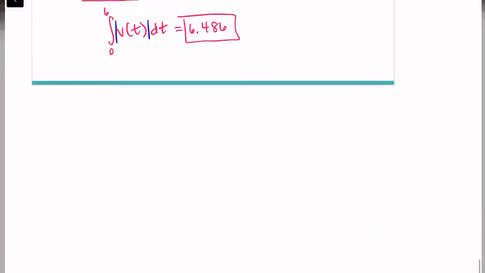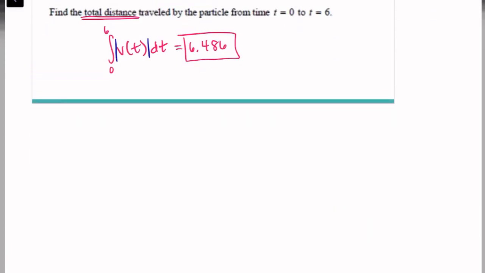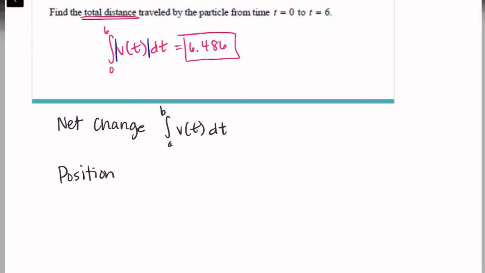Okay, so conclusion. We should now know how to find net change. Remember, net change is just going to be the integral from a to b of v of t dt. We should be able to find position, which is going to be f of a plus the integral from a to b of v of t dt.